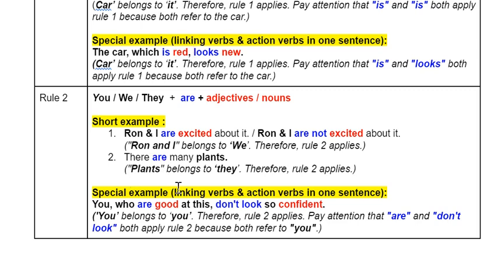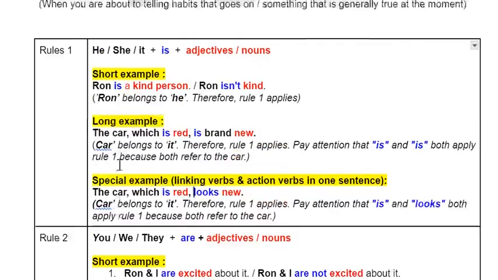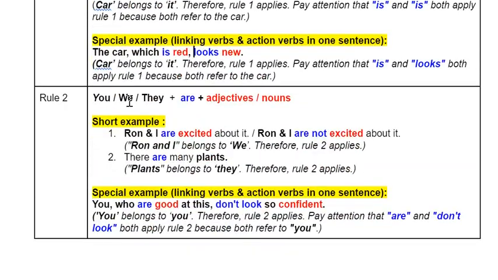Okay, special example. I have also another special example for you, where a sentence has a linking verb and an action verb in one sentence. You who are good at this. Why are we using are instead of is? Because it is you, right? Here, you, we, they use are. Okay, you are good.